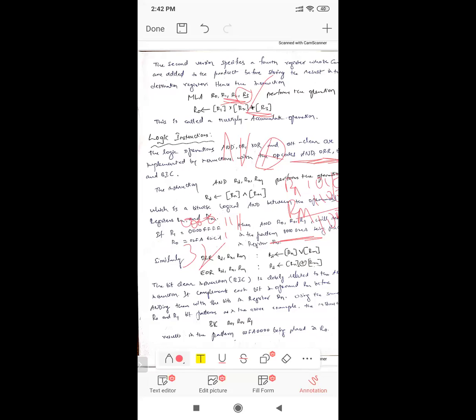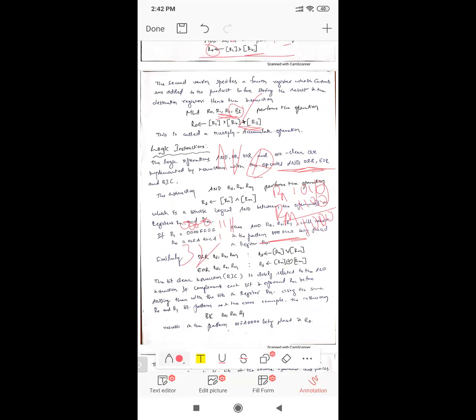The last instruction, bit clear, BIC, is closely related to the AND instruction.